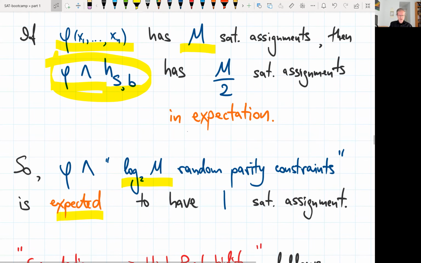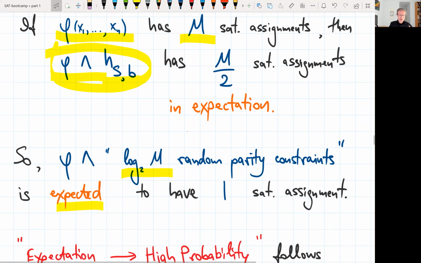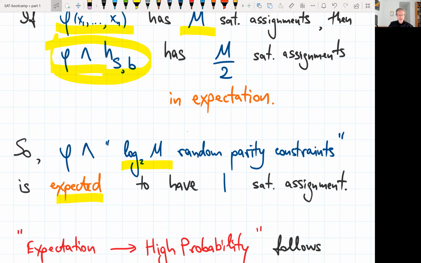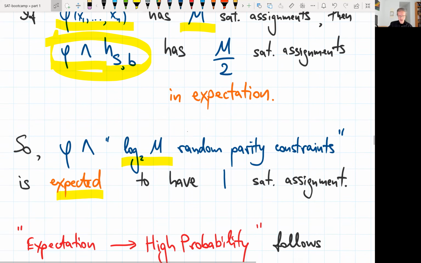Okay. Of course, all of this is in expectation, and we want to produce random formulas psi sub 1, psi sub t, such that with relatively high probability, like 1/8, one of them is uniquely satisfiable if phi is satisfiable. So how do we go from expectation to something that happens with reasonably high probability?